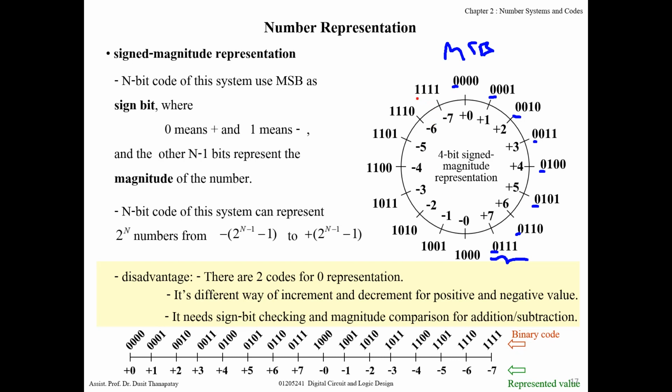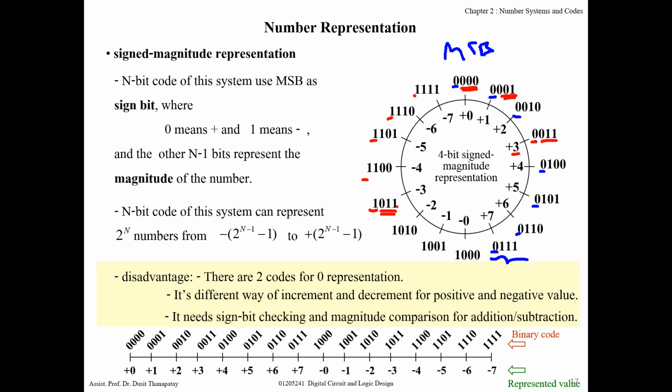If it starts with 1, it's a minus value, and the remaining digits represent the magnitude. For example, 0 is plus, 0 1 1 is the magnitude of 3, and for minus 3, 1 is minus and the magnitude is 3. It's convenient, right? Just sign and magnitude. You can write down any number.